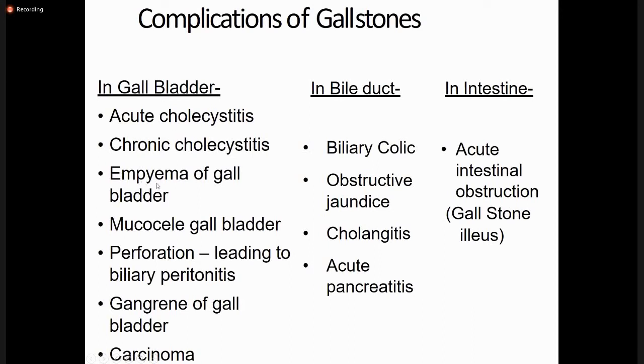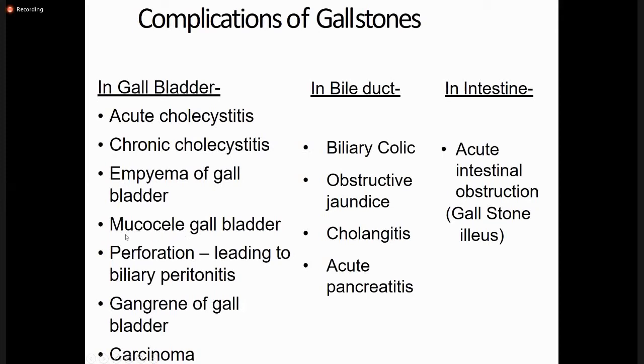In this, the patient will have all the toxic symptoms of high-grade fever and toxicity, while in mucocele we may just have pain and a palpable gallbladder, but no constitutional symptoms of fever.